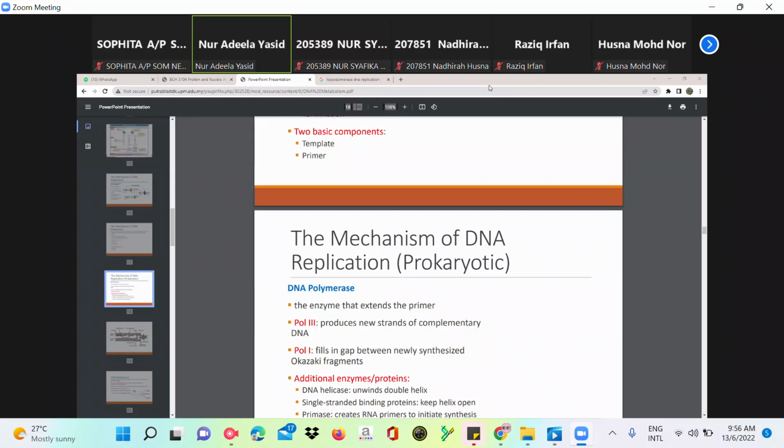So what is the role of this metal ion? It helps to activate the primer, especially at the 3' hydroxyl group, for the nucleophilic attack on the phosphate group. Replication happens at the 5' and also 3' end.